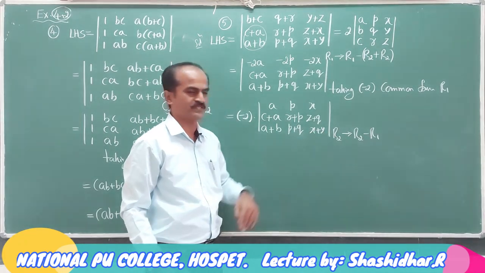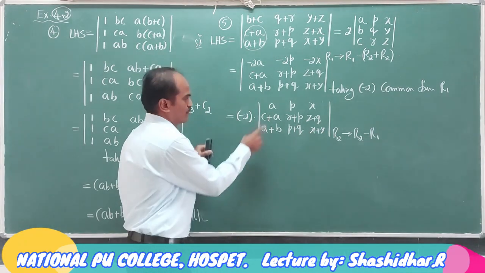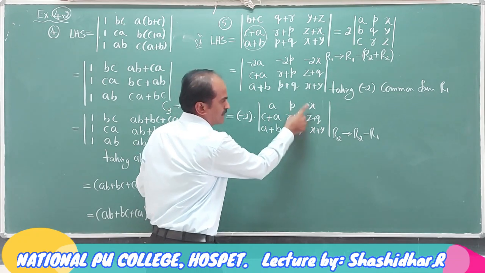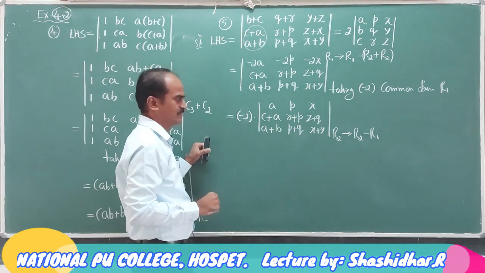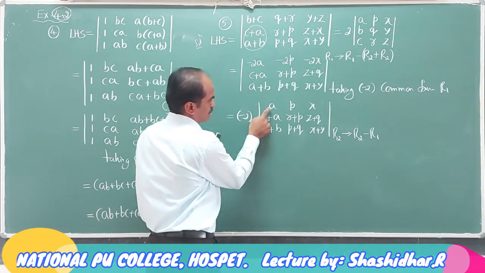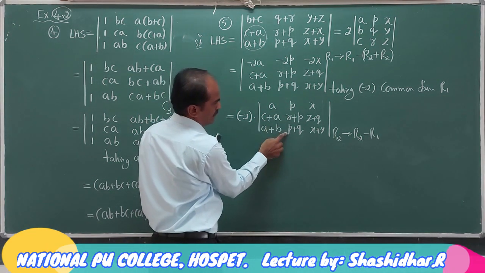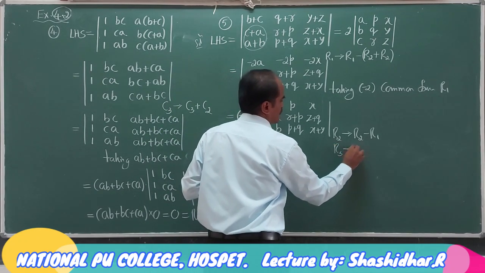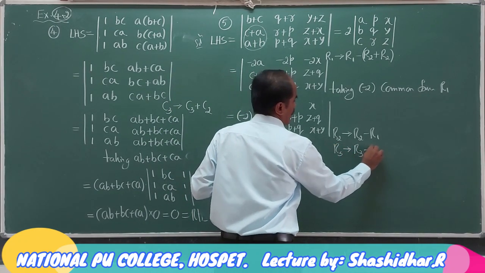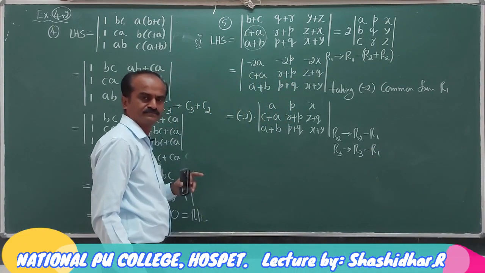The same operation I have written like this. If you do so, then A, P, Q cancel, left with C, R, Z. Again single elements. Again in the third row, A, P, X. So in order to eliminate them, I write R3 changes to R3 minus R1.